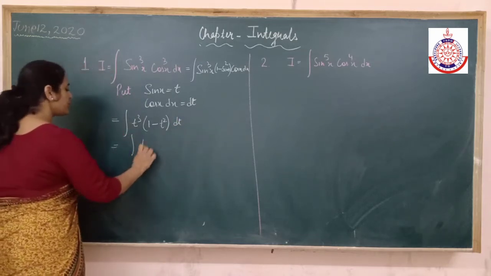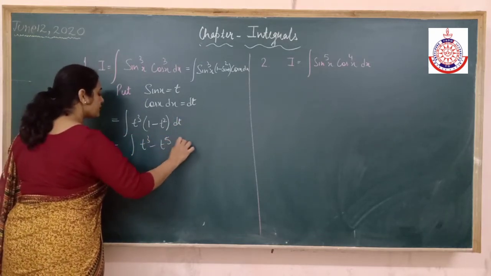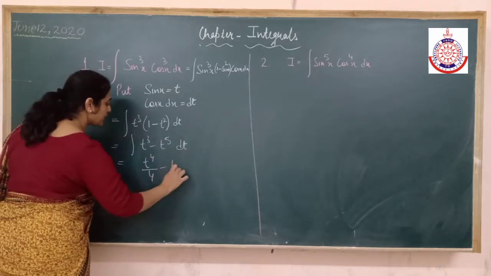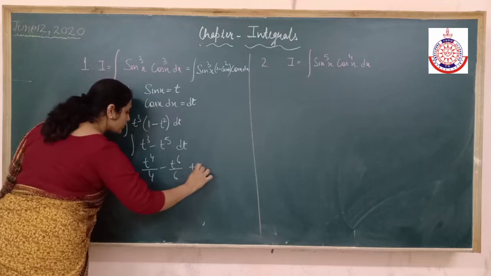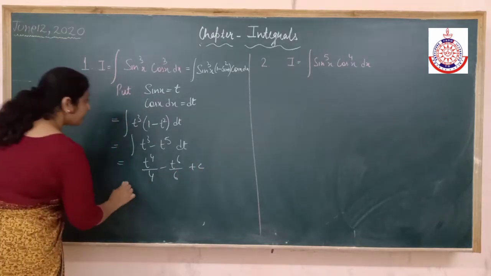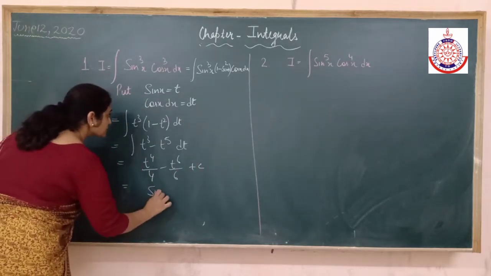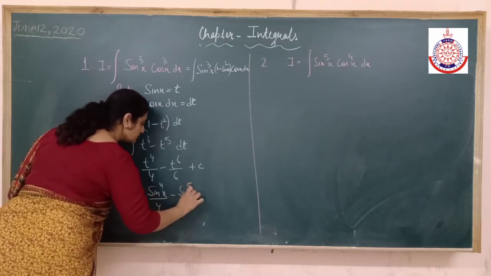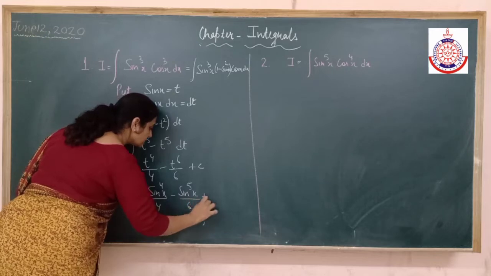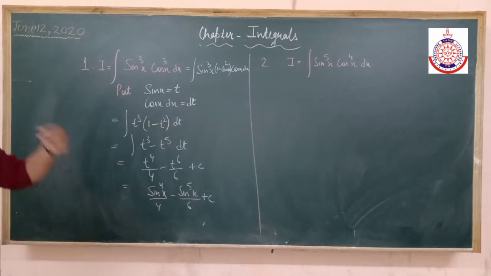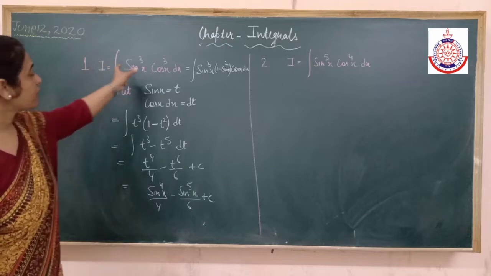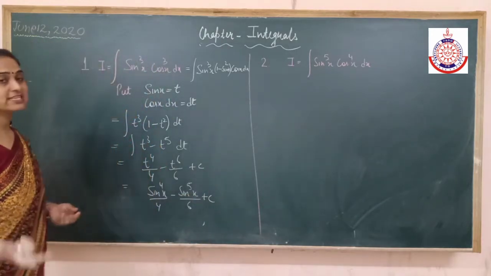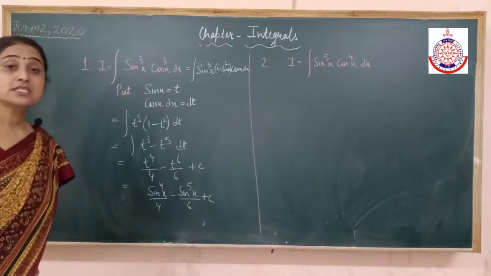That's it. I told you the moment you put it, it will become a simple algebraic function which I can integrate easily. Increase the power by 1 divided by the increased power. Put the value. Fine. Clear to everyone? If you have both odd powers, that's your choice. Either you put sin x equals t or cos x equals t. You are going to get the same answer.